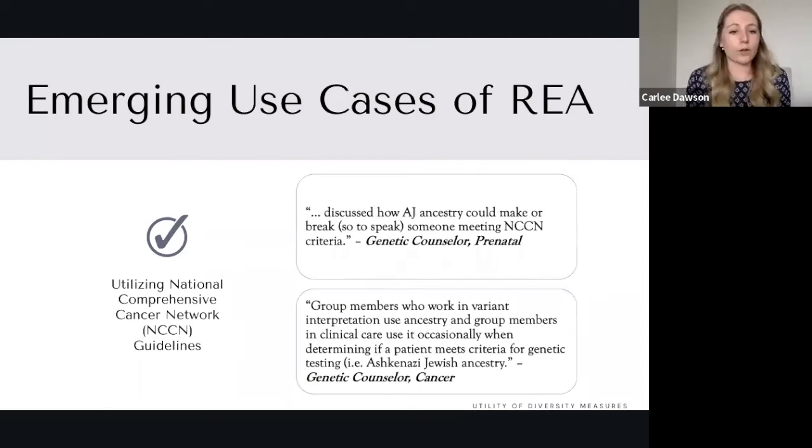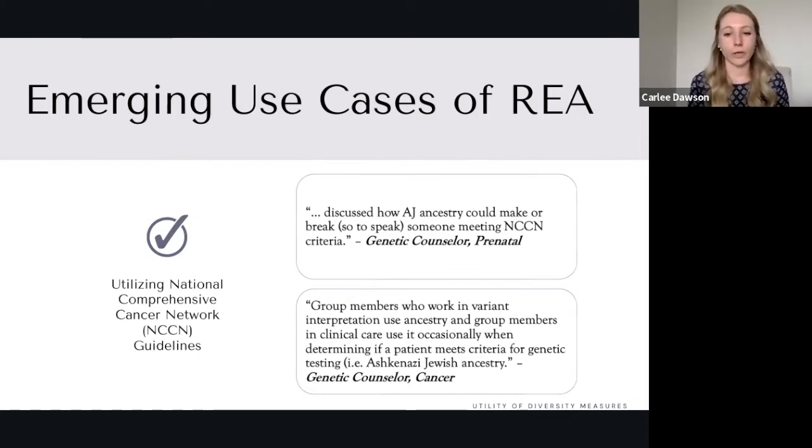And then for the National Comprehensive Cancer Network guidelines, or NCCN, NCCN guidelines are a set of criteria utilized in cancer to guide intervention or management decisions. And this also includes genetic testing.